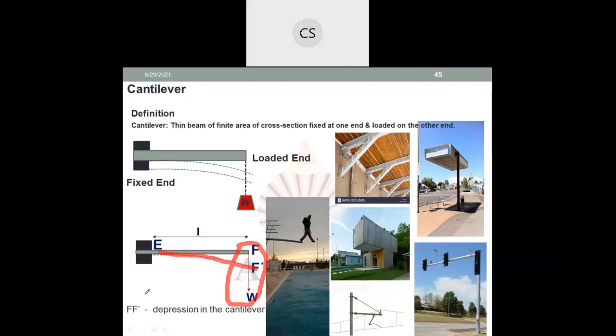So this is how depression takes place. We want to get an expression for the amount of depression with load, how much it undergoes depression. For that we are going to consider a single cantilever.